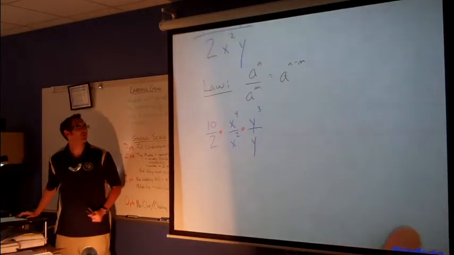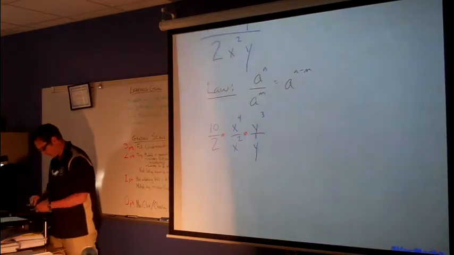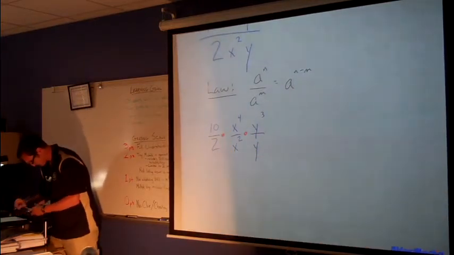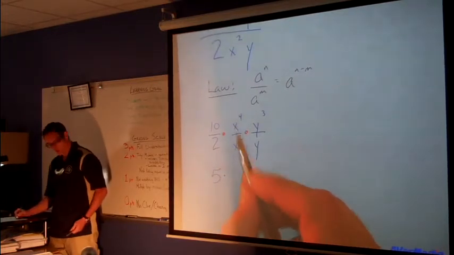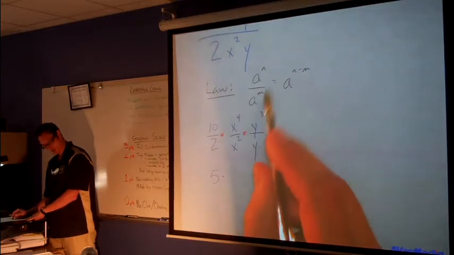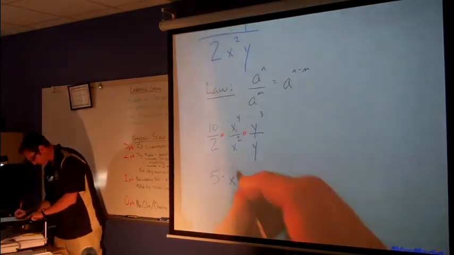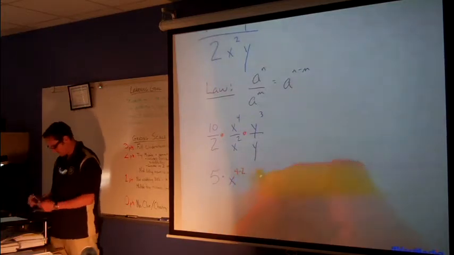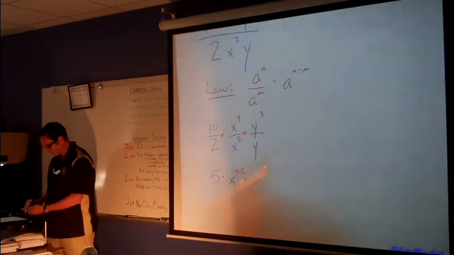So the first thing we're looking at is the 10 divided by 2, which of course is 5. And then you have x to the 4th over x squared, which according to the law of exponents means we keep the base, subtract the exponents, and then we have the y to the 3rd over y.